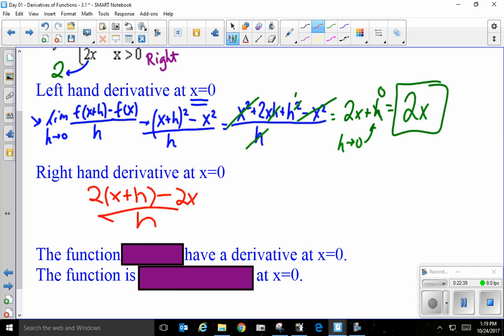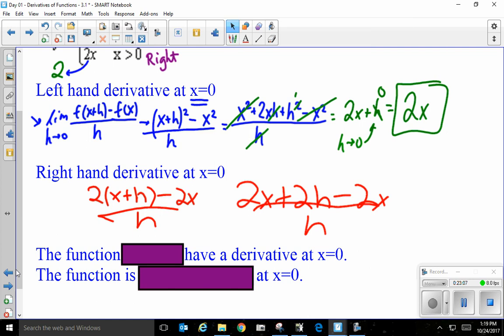Perfect. He took x plus h and put it in for x. So it's 2 times x plus h minus 2x all over h. And what does the top turn into? 2x plus 2h minus 2x all over h. Now the 2x's cancel, like a teacher changing colors.